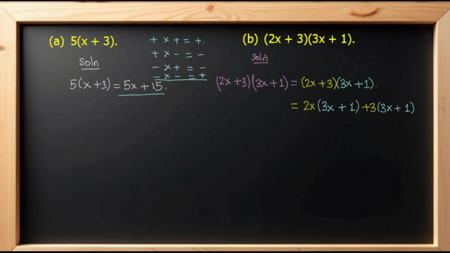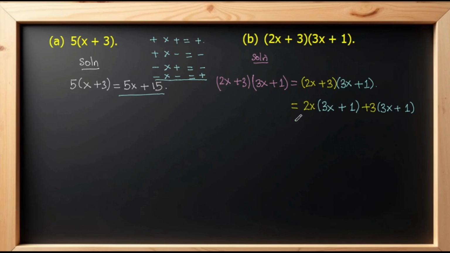Having done this, we have reached something similar to our first example, where we can multiply the first number and the second bracket, which contains two terms. Also the second number multiplies the two terms inside these brackets. So let's go ahead and do that.